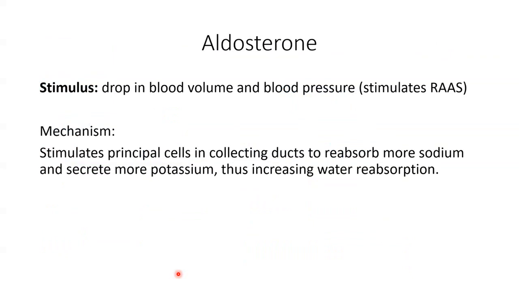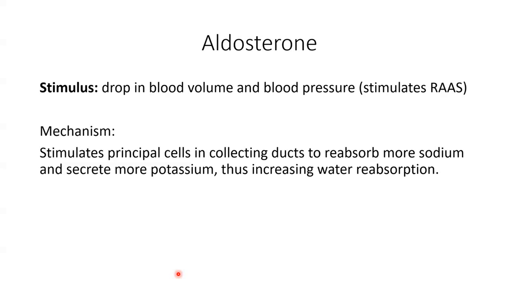So aldosterone, we've mentioned not only just in this lecture, but a few times already this semester. And it's released by the adrenal cortex in response to a drop in blood pressure, because it also makes up part of that renin-angiotensin-aldosterone system. As we've mentioned, aldosterone works to stimulate the principal cells in the collecting ducts to reabsorb more sodium and secrete more potassium.